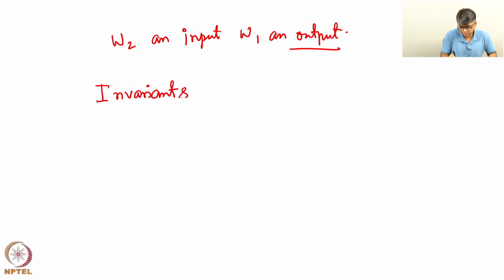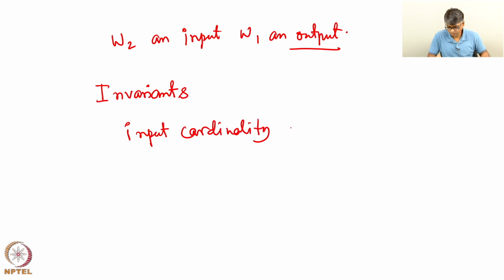What is the input cardinality? Input cardinality, often denoted by m(B) of the behavior, is a property of the module, and because the module is uniquely associated with the behavior, as we have seen, two behaviors are equal if and only if their modules are equal.